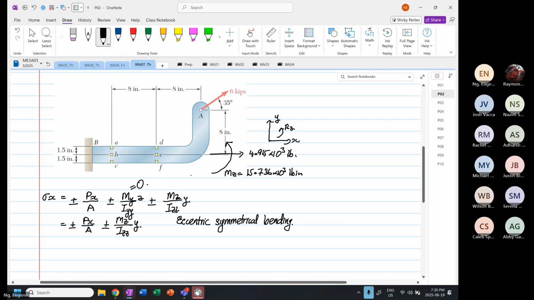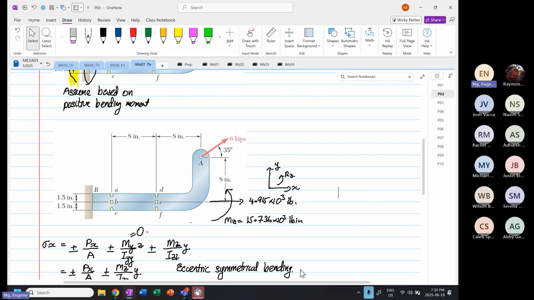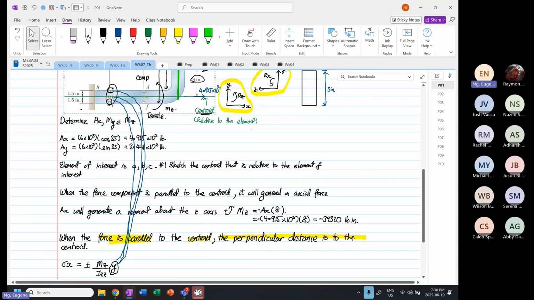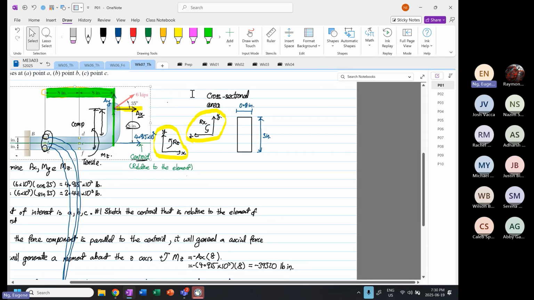Cross-sectional area is straightforward. If we look over here, I'm just going to copy the image that we've drawn earlier.